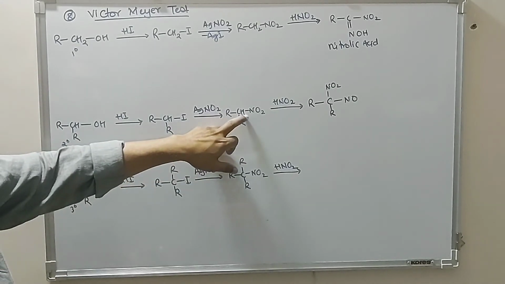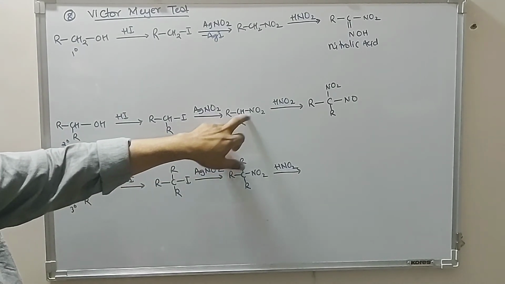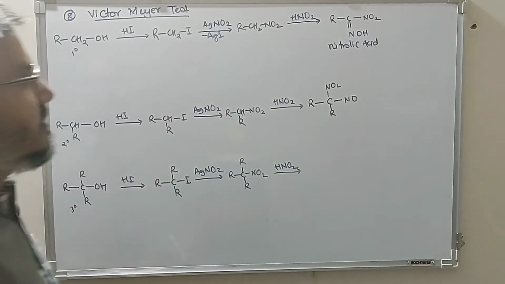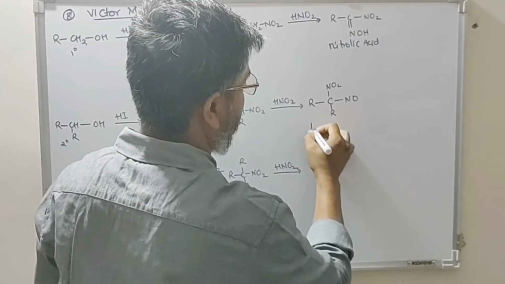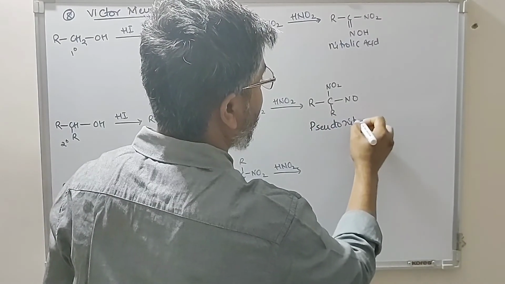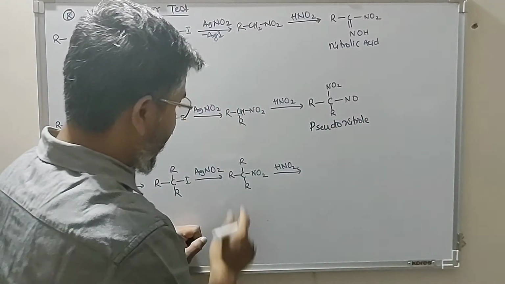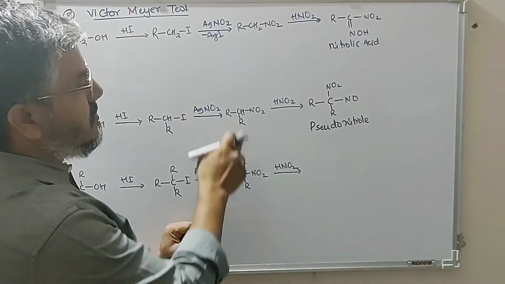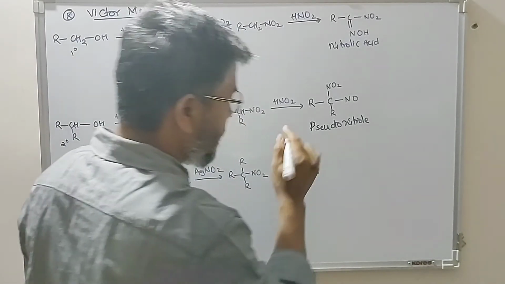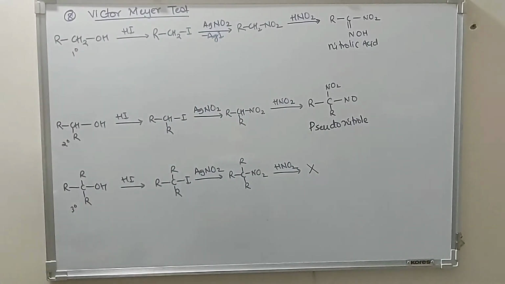So we have one hydrogen here, one hydrogen from nitrous acid plus one oxygen. So this compound is known as pseudo-nitrol. Tertiary does not have hydrogen on this carbon, so no reaction takes place with tertiary.